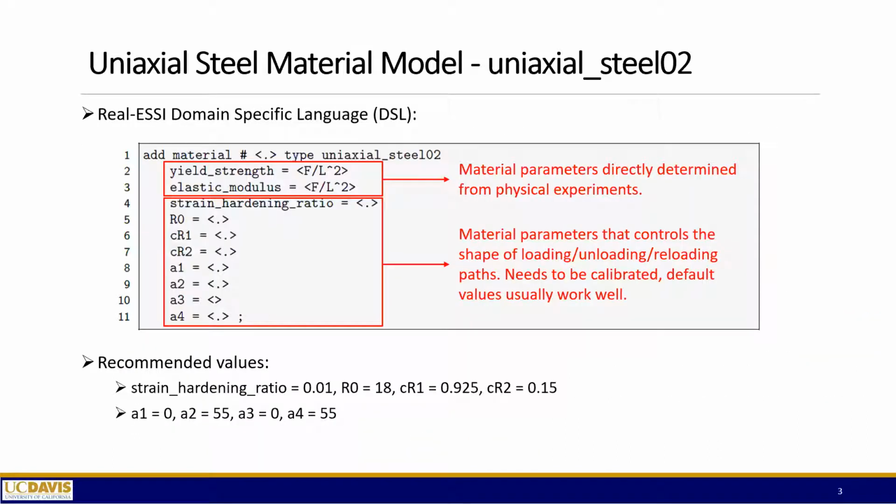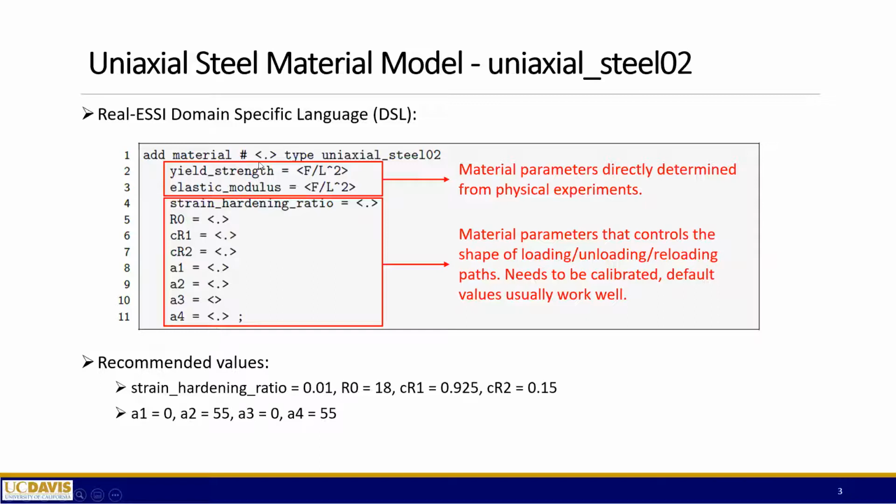Here is the Real ESSI domain-specific language, or DSL, command that you're going to use when you define this material model in your finite element model. We say add material number, and then the type is uniaxial steel O2. Here is the list of material variables.